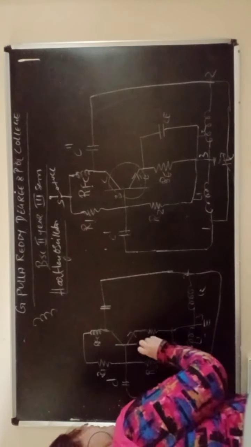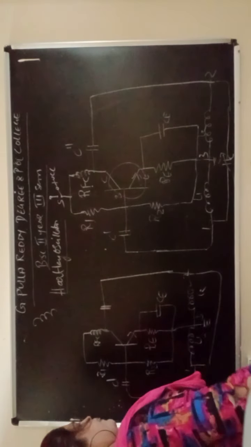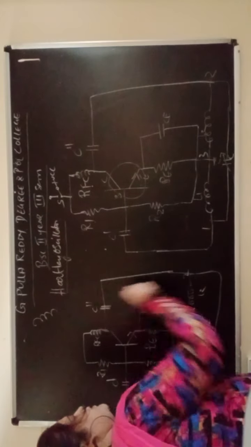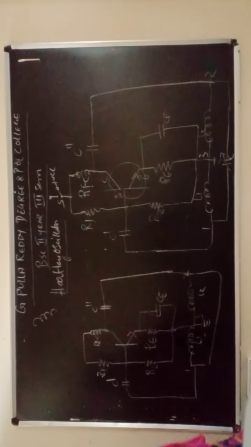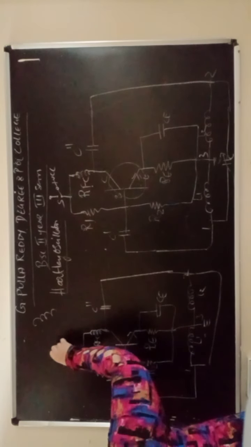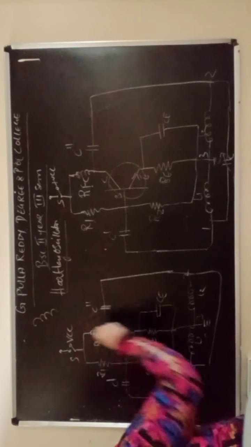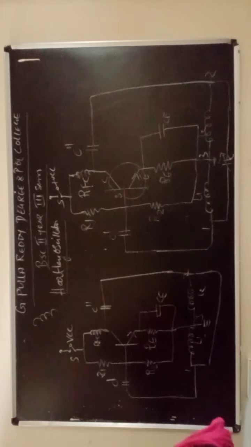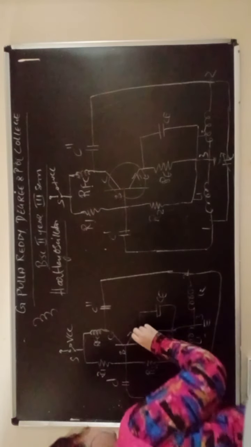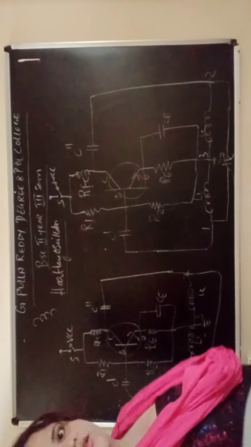Then RE, then capacitor CE, C double dash. Then you should draw a key, that is, switch S plus VCC. Then base, collector, emitter. By this you have completed the circuit diagram of the Hartley oscillator.